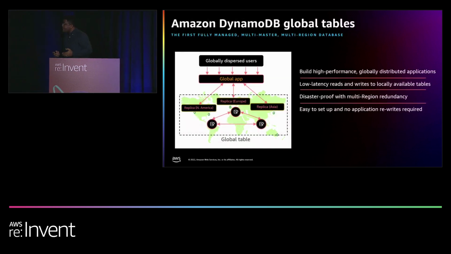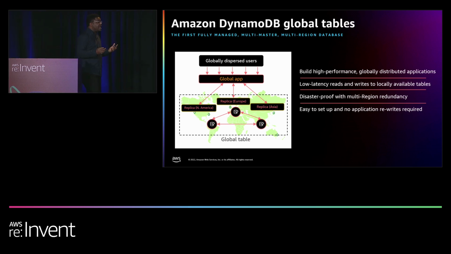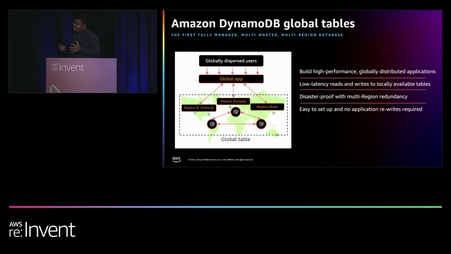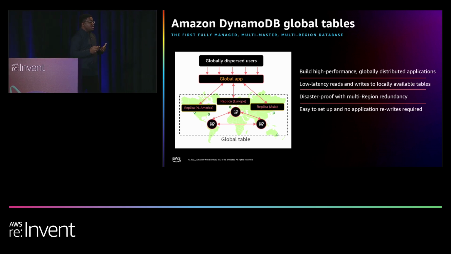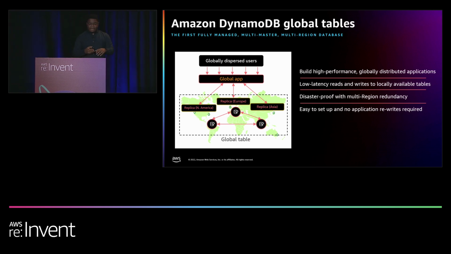When you create a DynamoDB global table, it basically consists of replicas that will be created across the regions. So in this case, Ireland and Singapore, using our example. And these replicas will have the same name, and they will also have the same primary key schema. And when data is stored in one replica, DynamoDB will automatically replicate the changes to the other replicas.